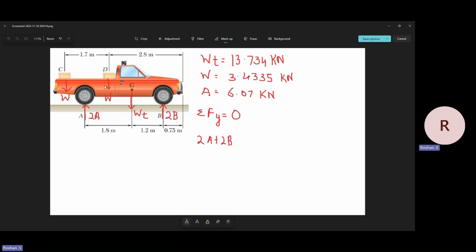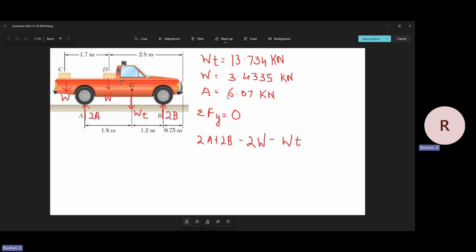Meanwhile, the weight of the cartons and the weight of the truck is downwards. So minus 2W, as there are two cartons, minus weight of the truck.